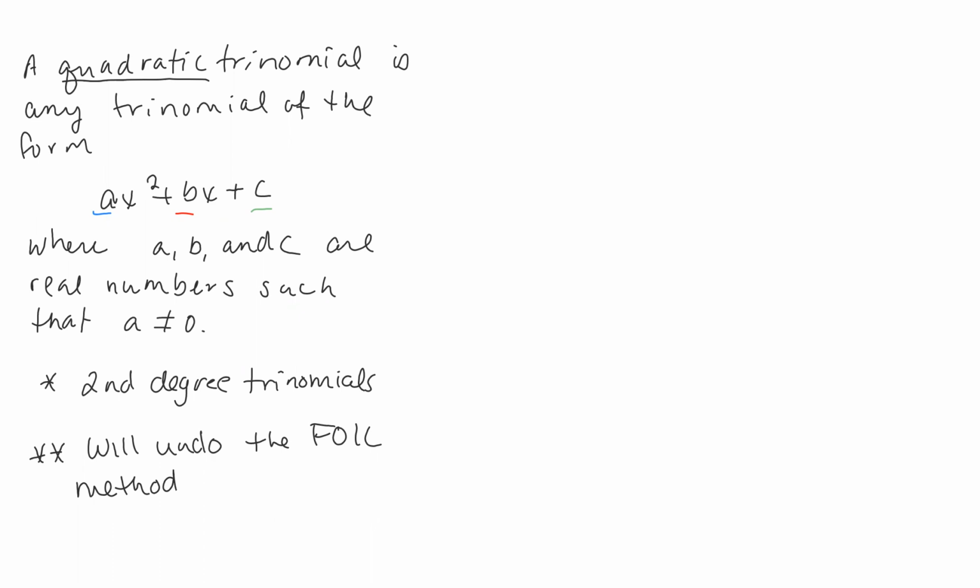This will undo FOIL. This means our results will be the product of two binomials. Okay, so keep that in mind. We're undoing the FOIL method, so our answer is going to be the product of two binomials.